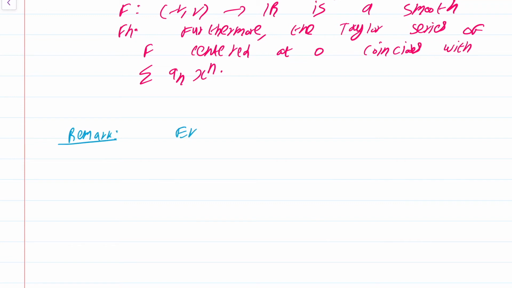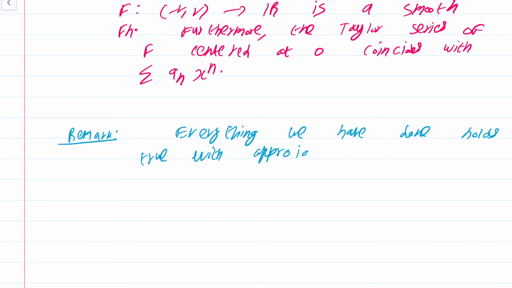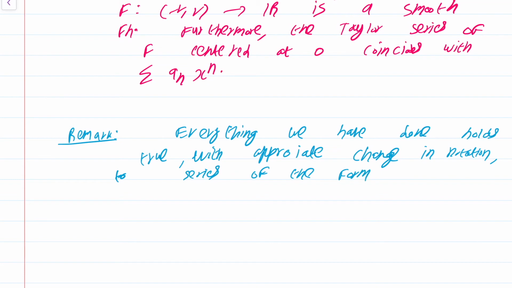Everything we have done holds true, with appropriate change in notation, to series of the form summation a_n (x minus x_0)^n, where x_0 is a real number.